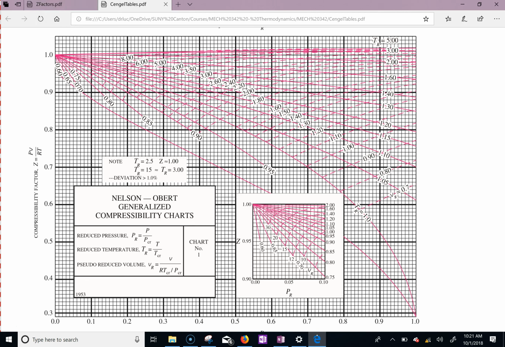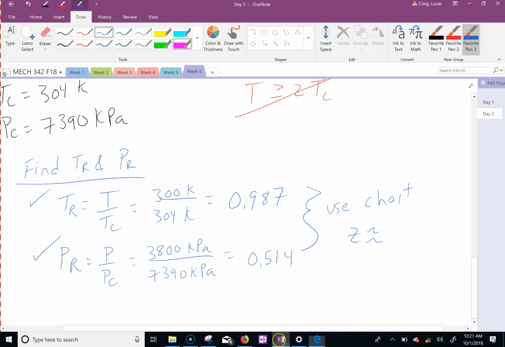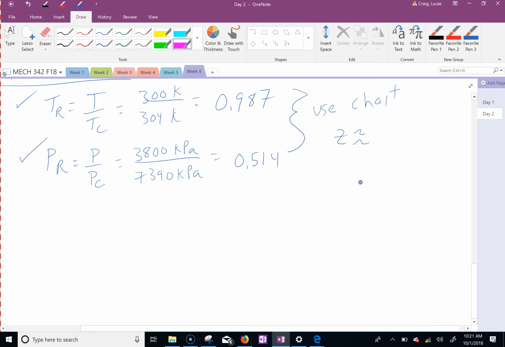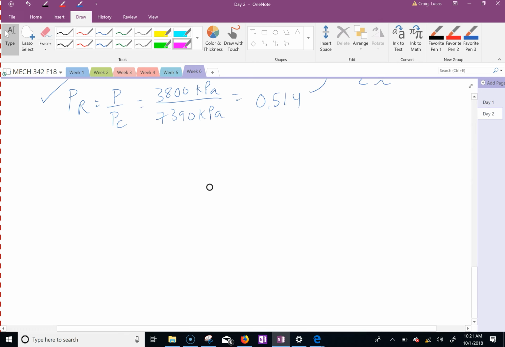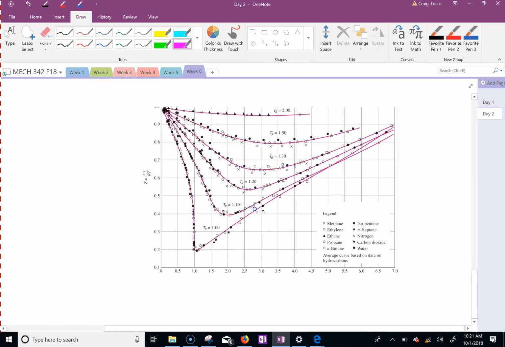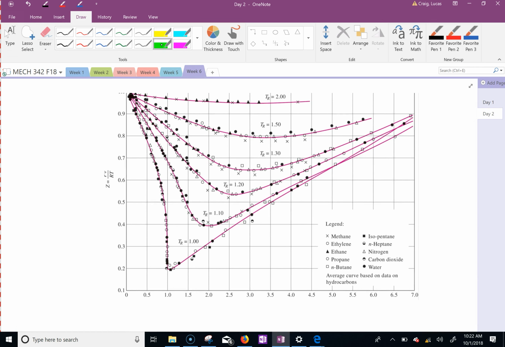I don't want to use that one because that one's messy. Let's go to this one. So, actually, let me go back here and let me paste it and we'll highlight it. PR is what? 0.5?